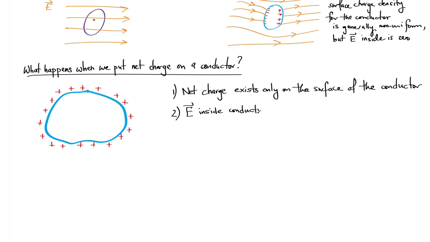That's no different than for the neutral conductor. And so there is no net charge inside. That's basically the same statement as number 1. No net charge inside the bulk of the conductor.